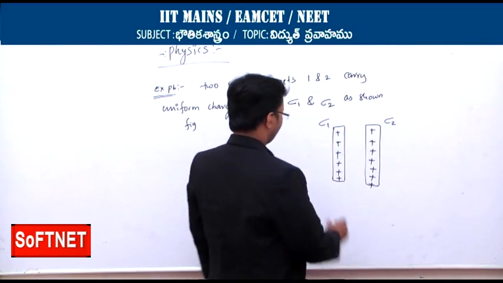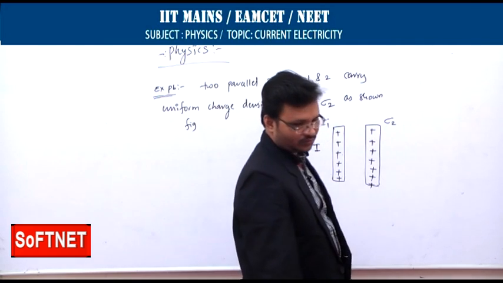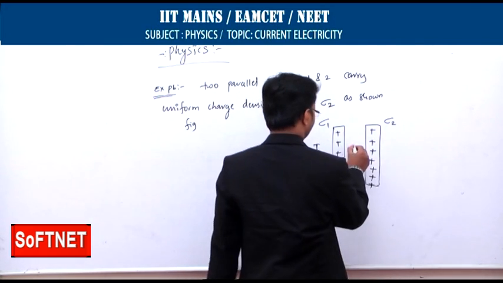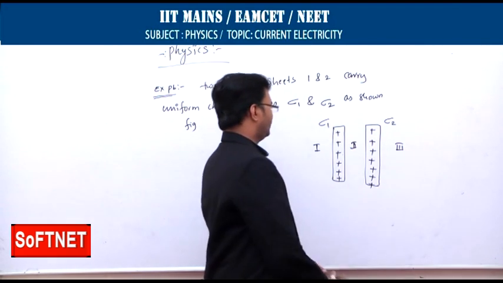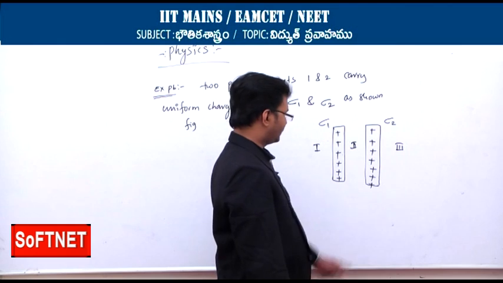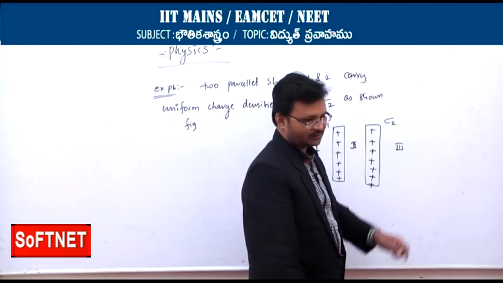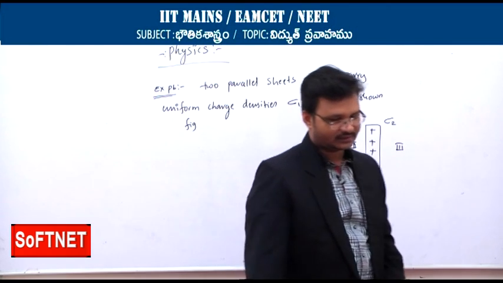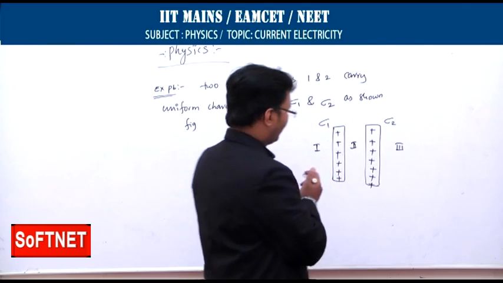Here they are taking the regions 1, 2, 3. This is the second region, this is the third region. Then what they are asking: the electric field in the region marked 1 is.